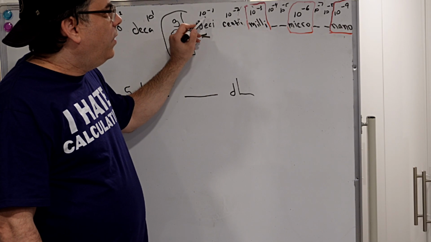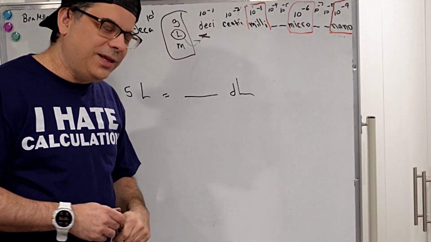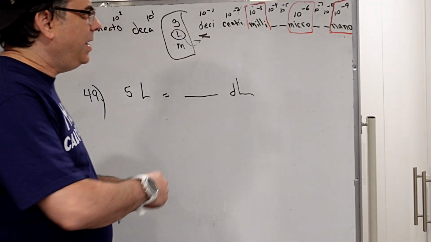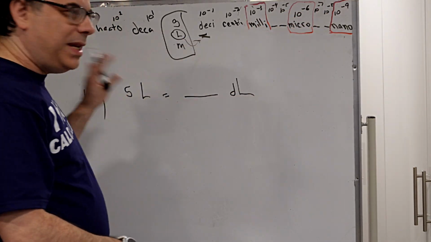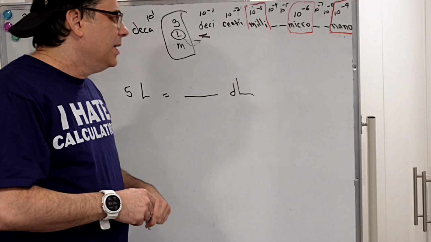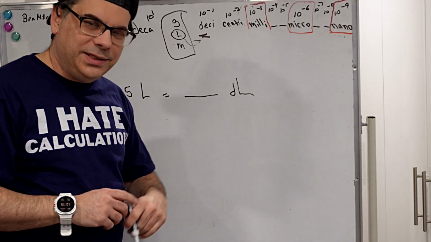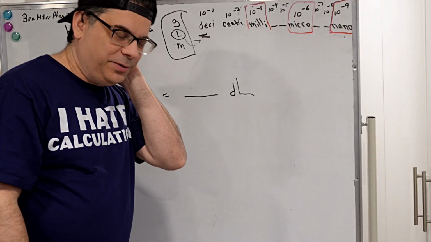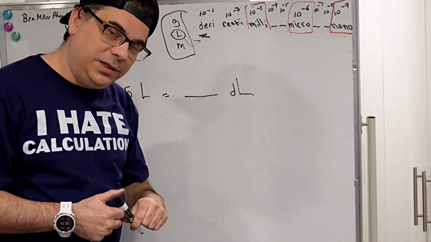So it's 10 to the negative 1, goes all the way to 10 to the negative 9. And believe it or not, I've looked at some online resources, and it goes many powers to the right and many powers to the left. In real life, we don't go that far, but crazy professor questions can.